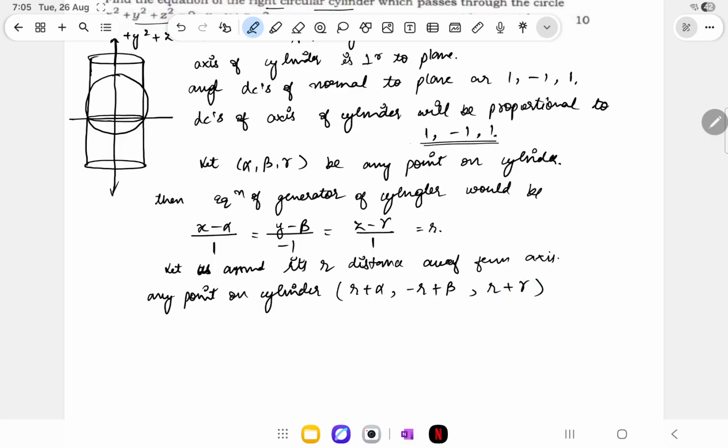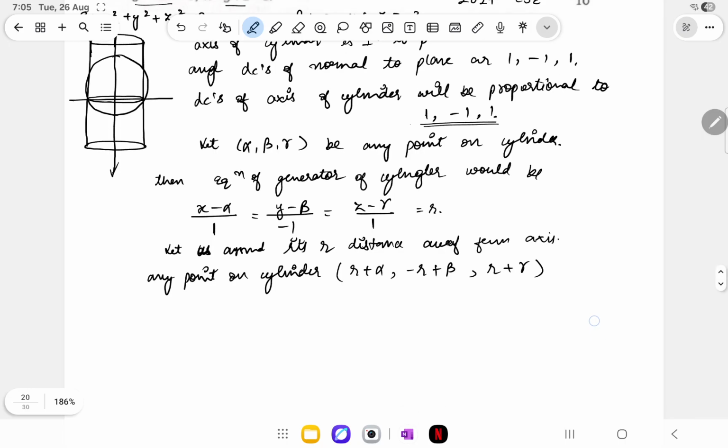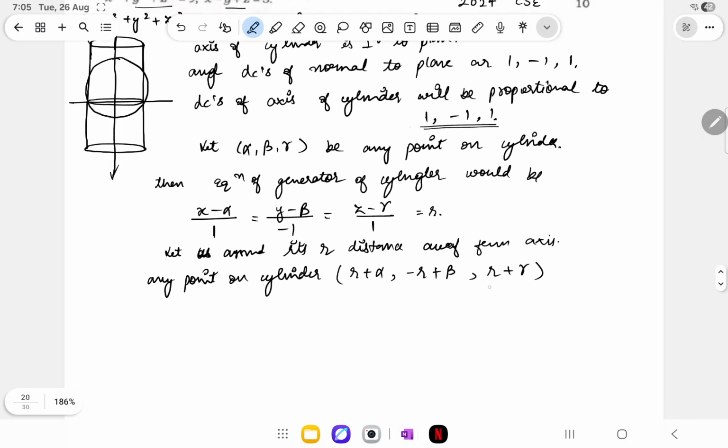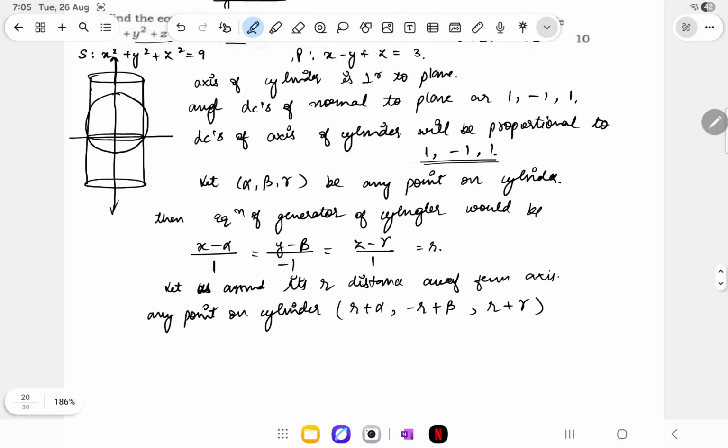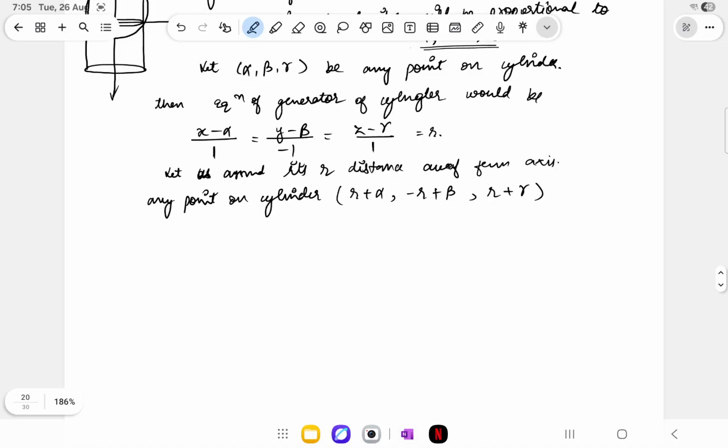If this is an arbitrary point on the cylinder, then for some value of r, this point must satisfy the equation of the circle. So this point must satisfy the equations of both the plane and the sphere for some value of r.